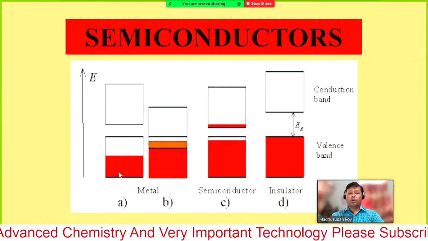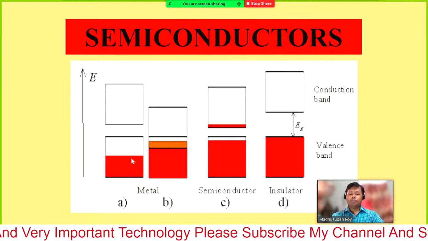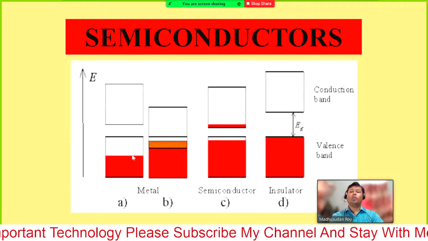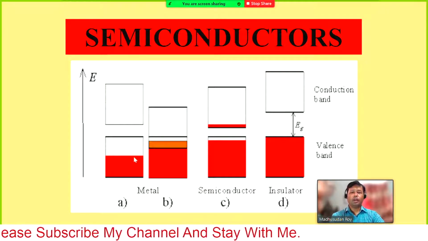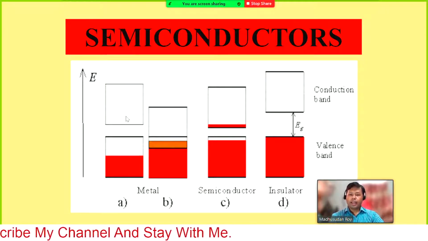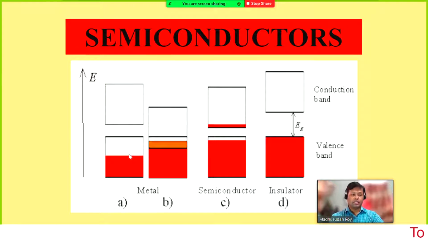Therefore what about the metal? Some metals have a partially filled or completely filled valence band. However, if they do not have a partially filled conduction band, in that case it is very difficult to conduct electricity.